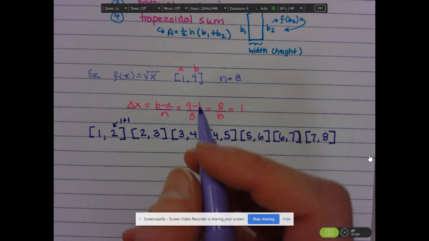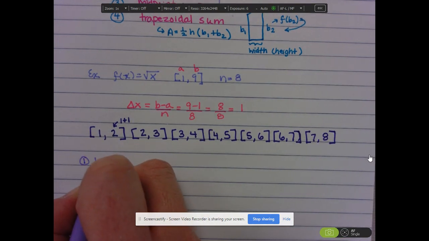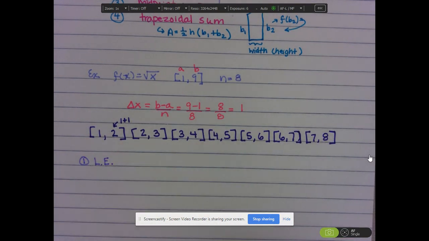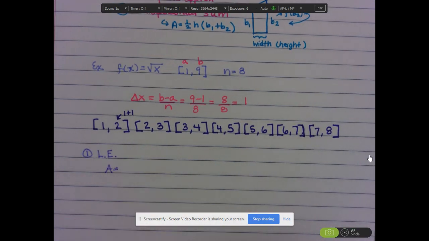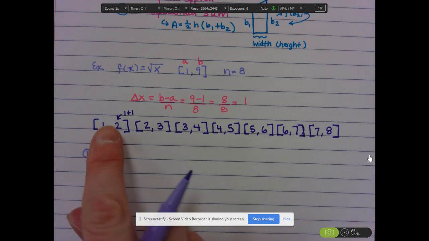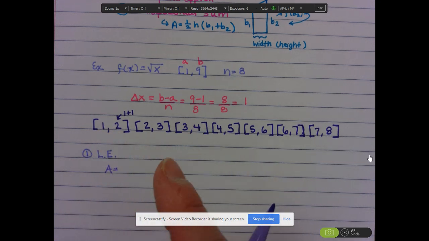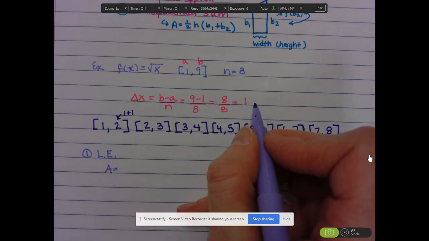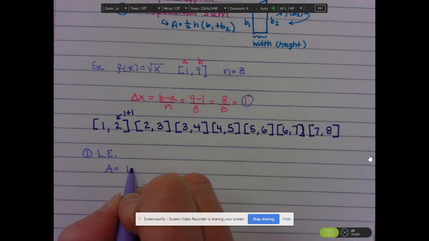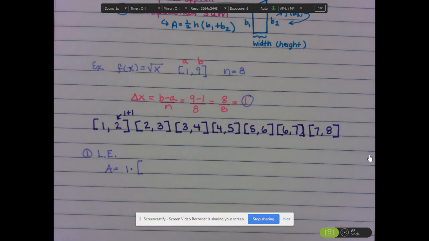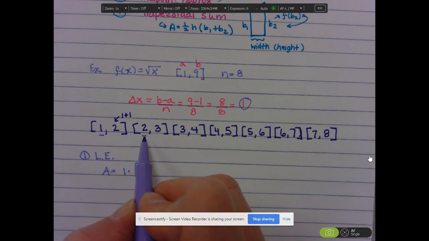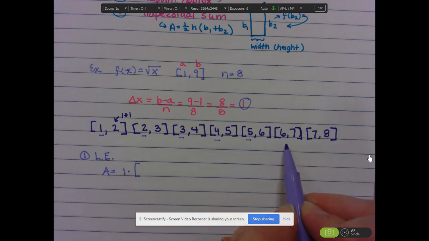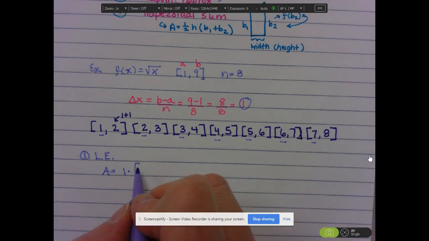So to find my very first one, my left endpoint approximation, all I'm going to do is find the area of this region. I know I'm multiplying each length times or width times height. I know that this is 1. I'm going to put them on the outside. I don't need to multiply every single thing by 1. To find my heights, I'm just going to evaluate each left endpoint, substituted into f of x to give me my values.